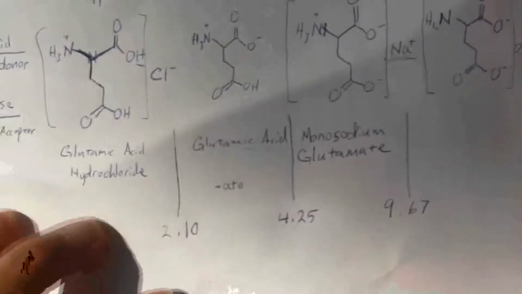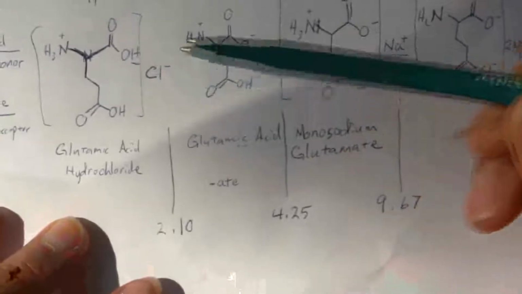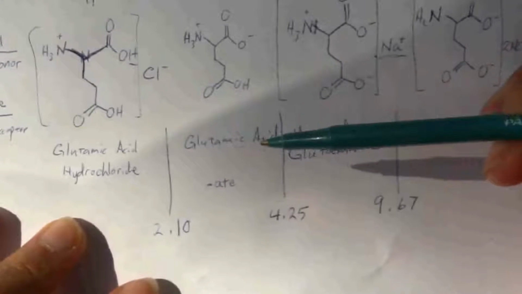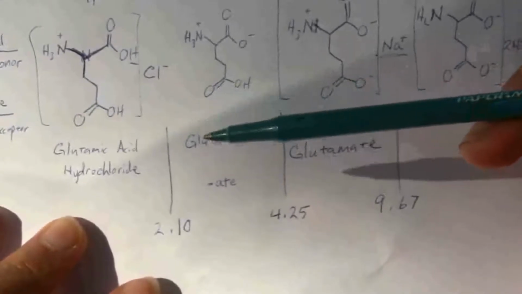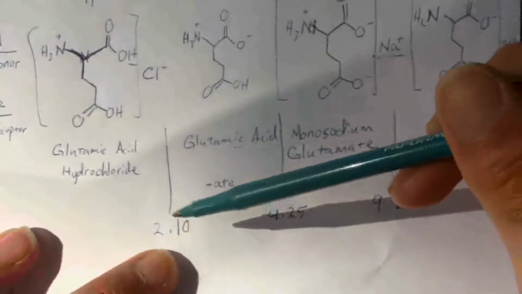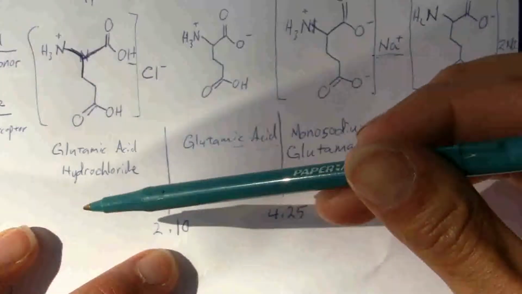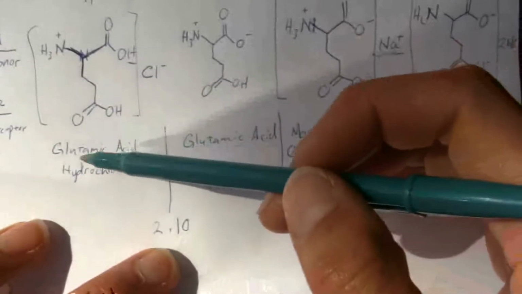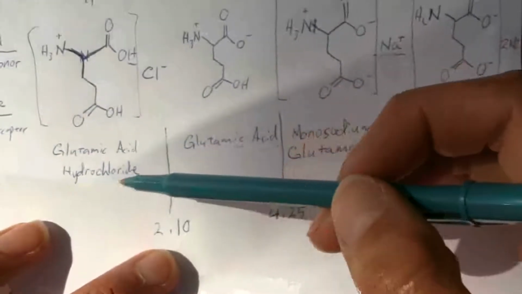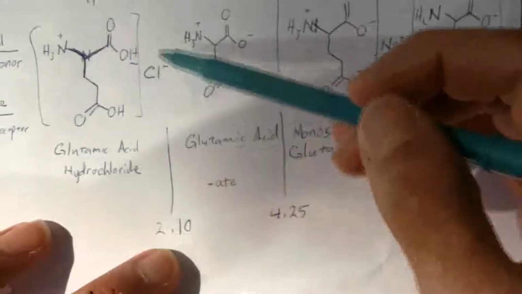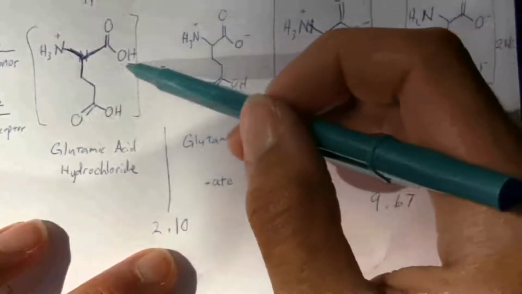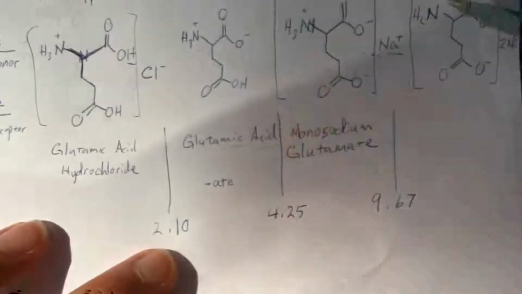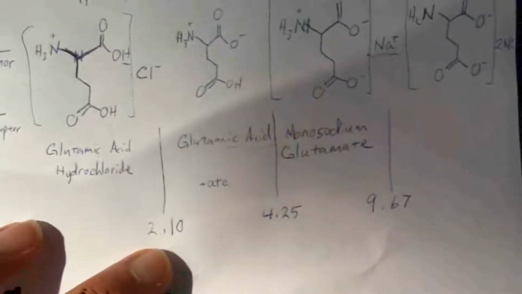So what this means is, if I take the amino acid glutamic acid and put it under very acidic conditions, anything less than a pH of 2.10, then it'll turn into this glutamic acid hydrochloride form, where I protonate this oxygen and have the chloride as a counterbalance.